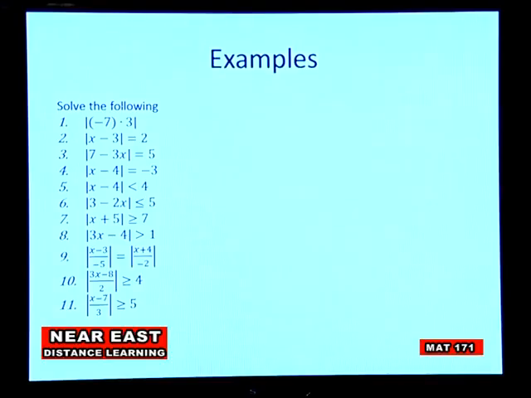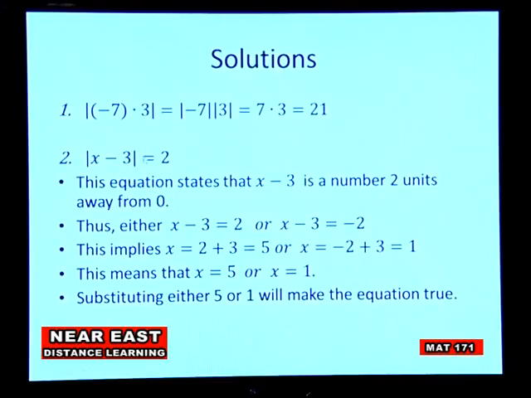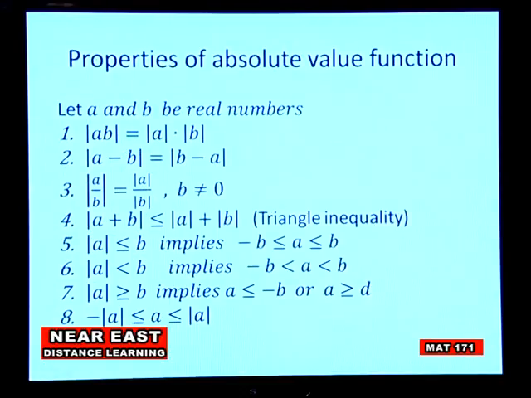So let's see. Number 1, I have absolute value of minus 7 times 3. This is what we want to evaluate. If you look at this, we are multiplying two numbers in the absolute value, and the first property says absolute value of ab is the same thing as absolute value of a times absolute value of b.